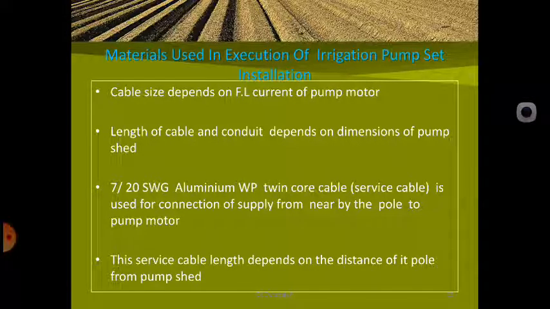And the last one, this service cable length depends on the distance from the pole to our shed. Here we assume 15 meters. These are some things we are going to keep in mind while preparing the schedule.